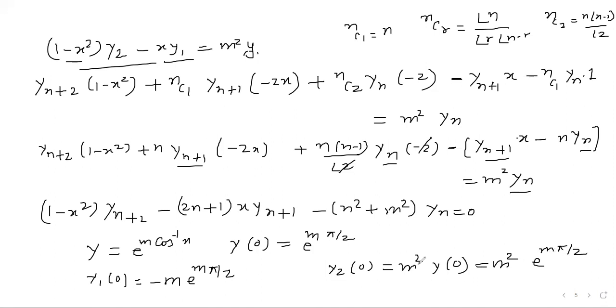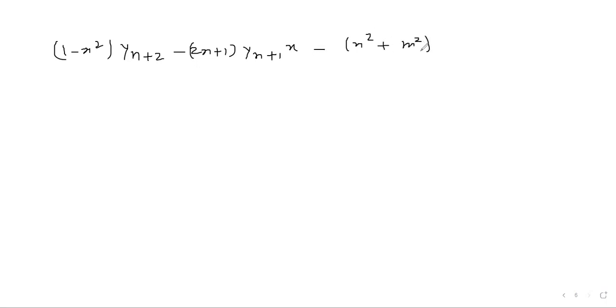Now, from this equation, we can get y(n+2)(0). So let's write it on the next page. Our equation was (1 minus x square) y(n+2) minus (2n plus 1) times y(n+1) times x minus (n square plus m square) times yn equal to 0.